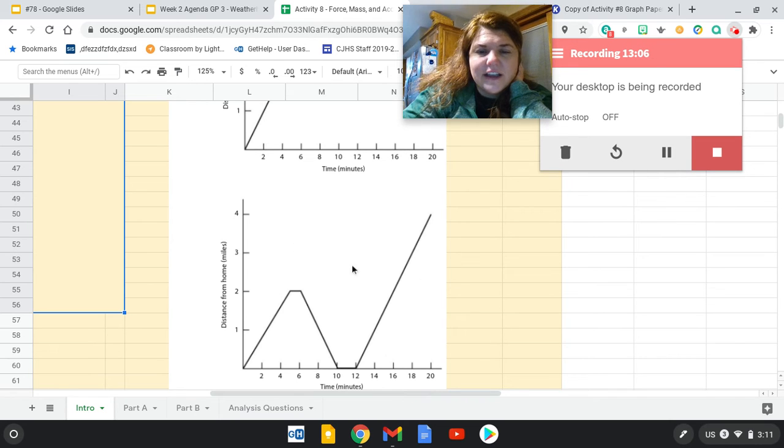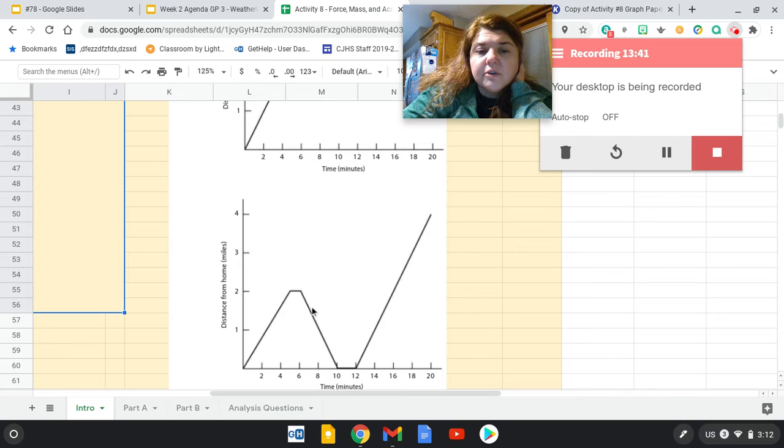Let's talk about these graphs and what they're representing. One thing that we look at are these positive slopes, and these positive slopes indicate that the person is moving away from their reference point, and their reference point is at home. So at the 0, at the origin, this is at home, and as we move away from their house, we can see that the slope goes up.